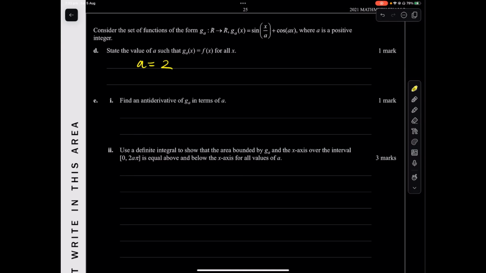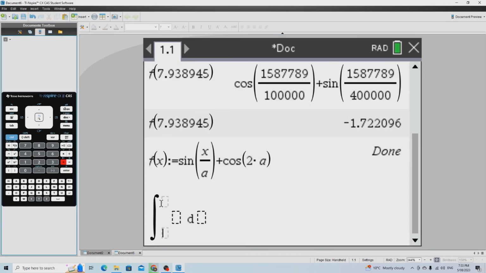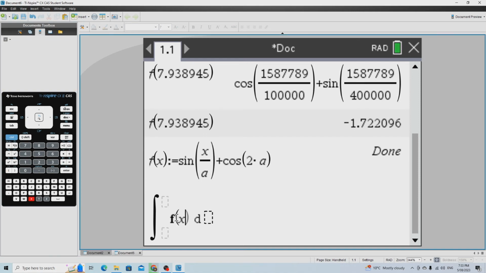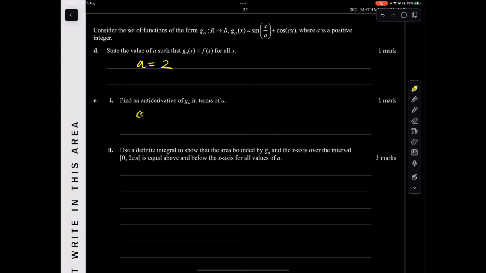So your antiderivative is of this function. Okay, I cannot be bothered, so I'm just going to redefine that and put a here now. If we want to find the antiderivative of that, from f of x dx, that gives us this. So it is cos 2a x minus a cos x over a.